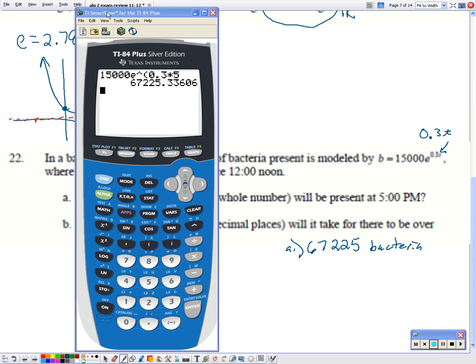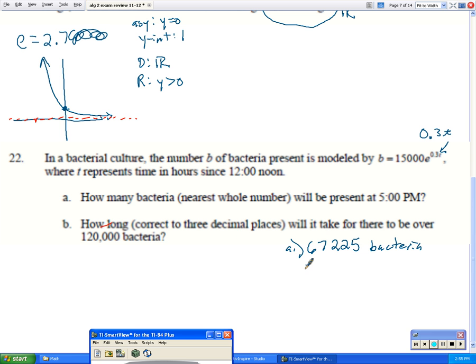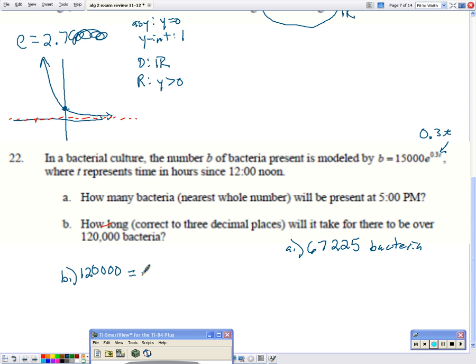Alright. Part B says, how long, correct to 3 decimal places, will it take for there to be over 120,000 bacteria? So what I'm going to do here is I'm going to say B equals 120,000, so 120,000 equals 15,000 times e to the 0.3t. And I'm going to divide by 15,000.